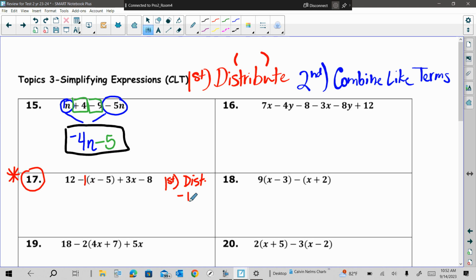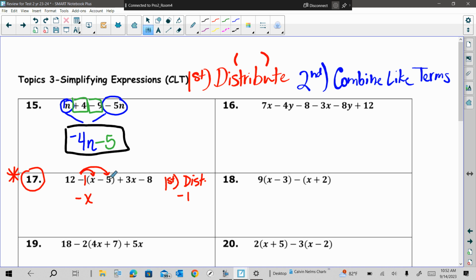Negative 1. Remember, there's an invisible one. So we're going to do negative 1 times x and negative 1 times this minus 5. What is negative 1 times x? How would I write that? Just a negative x.